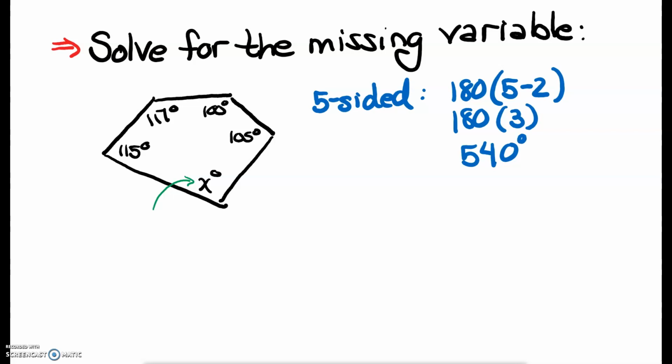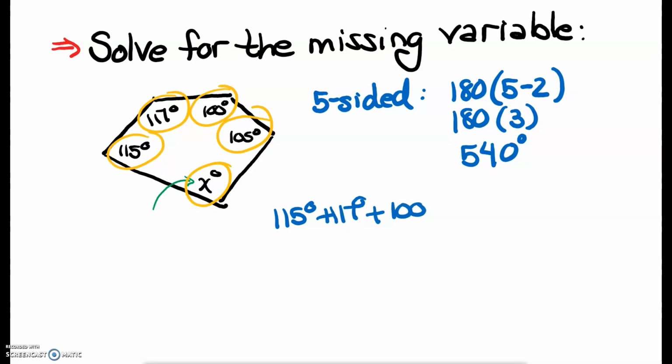So if I add up all the angles inside this pentagon, this one, this one, this one, this one, and this one, they should add to 540 degrees. So let's go ahead and do that. 115 degrees plus 117 degrees plus 100 degrees plus 105 degrees plus x degrees should be 540 degrees.